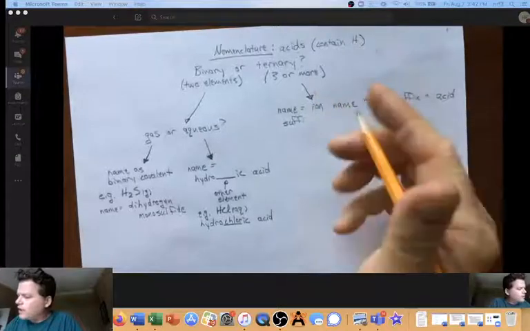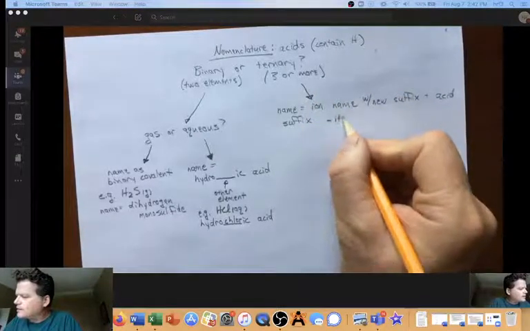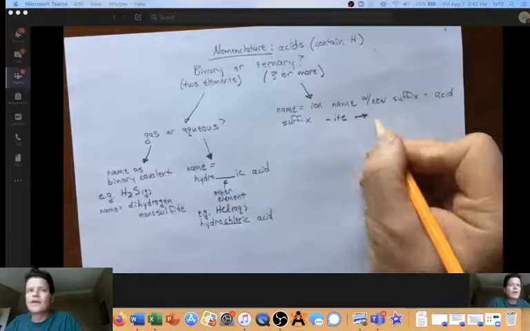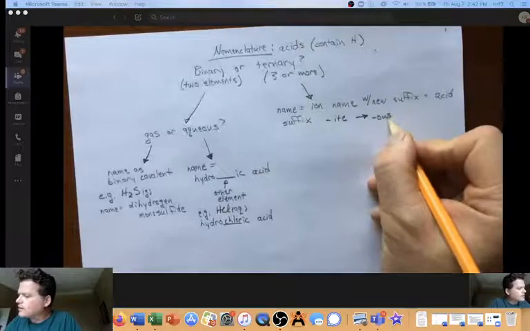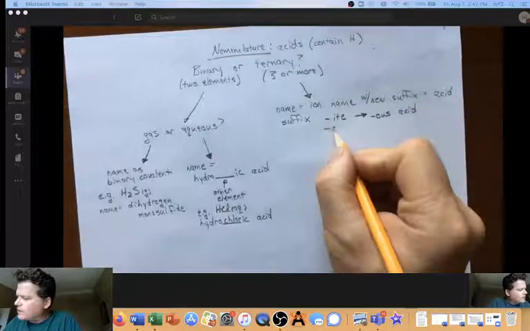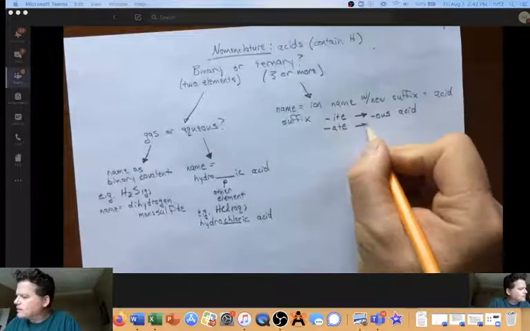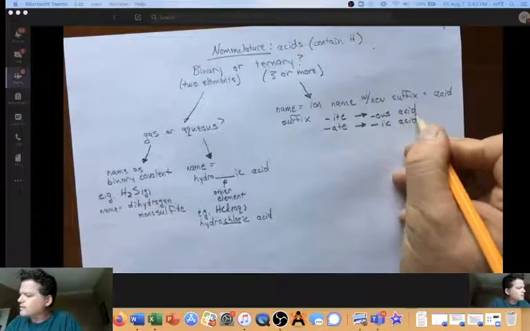is if we look at if the ion name ends in "ite," then we'll change that to "ous" acid. And if the ion name ends in "ate," then we'll change that to "ic" acid.